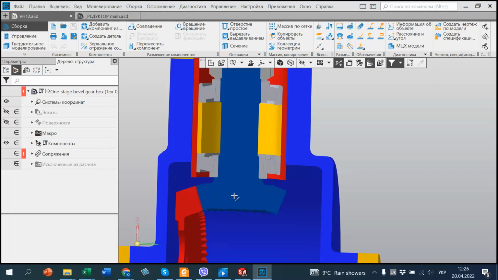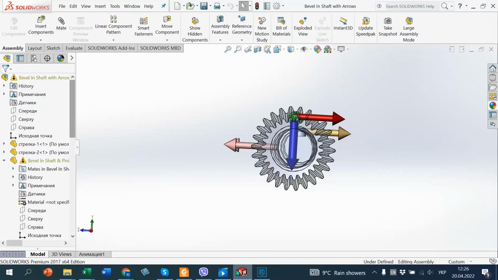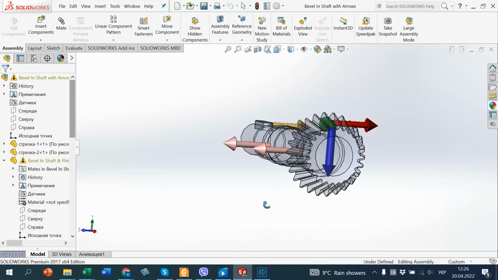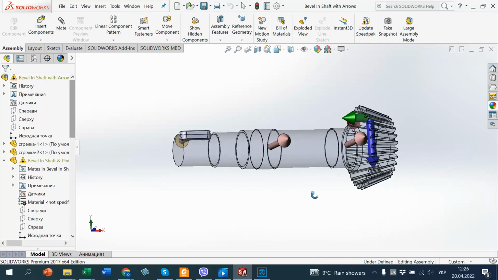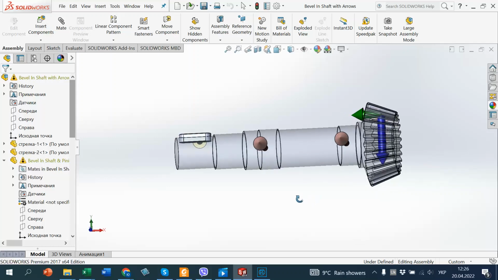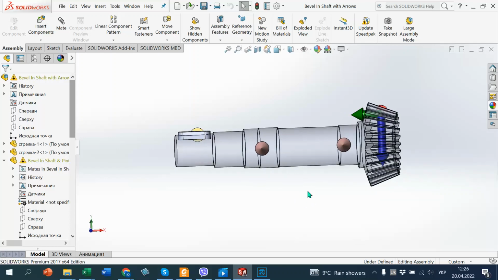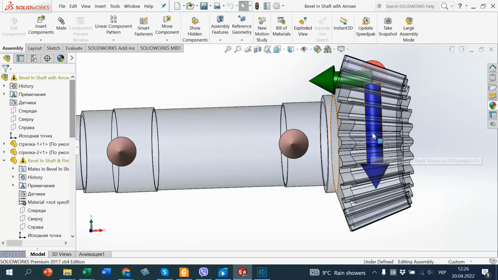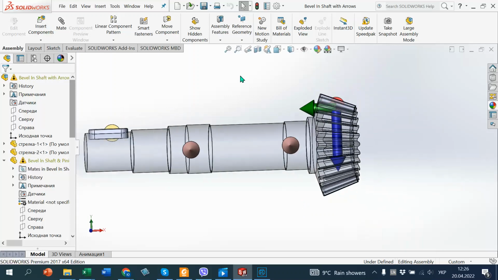And radial force and axial force are in the vertical plane. So we consider this state conditionally, and we name the plane where axial force and radial force act.